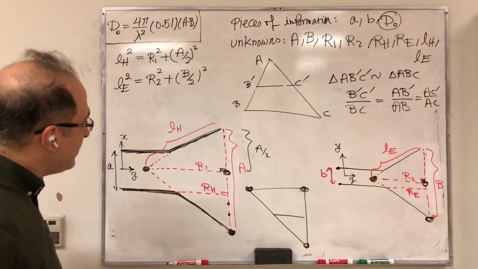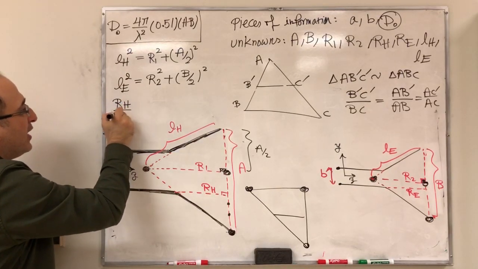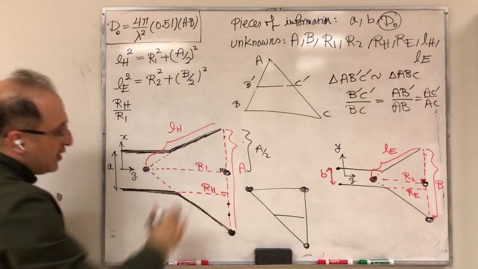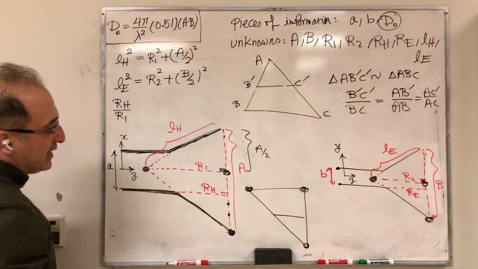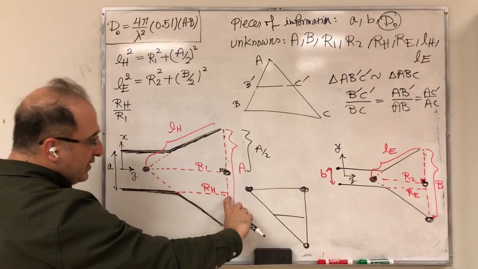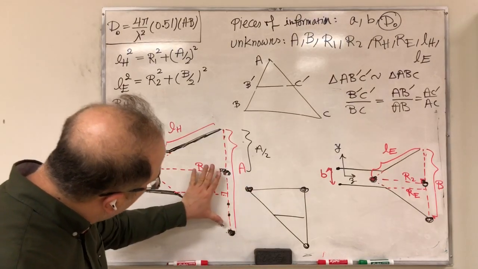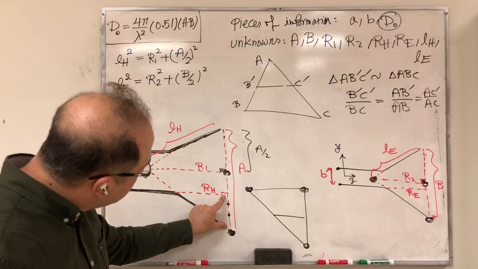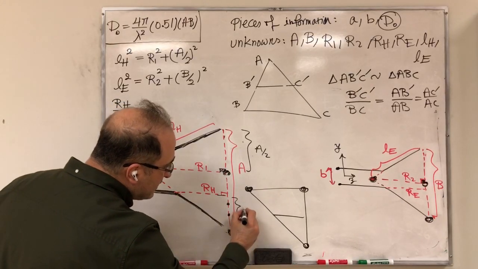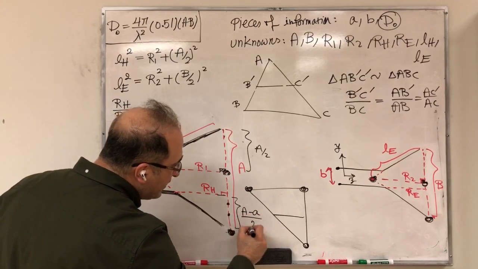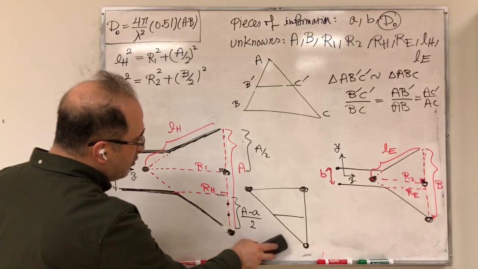Based on that, I can now write that RH divided by R1 is equal to this divided by this. So now what is this? This part is A minus A divided by 2, because remember, this is A divided by 2.